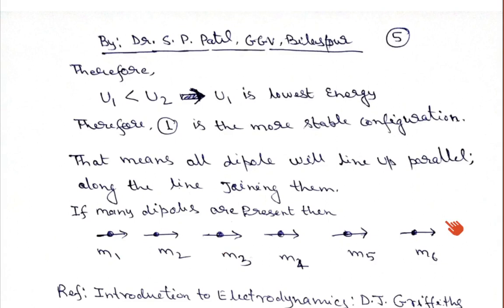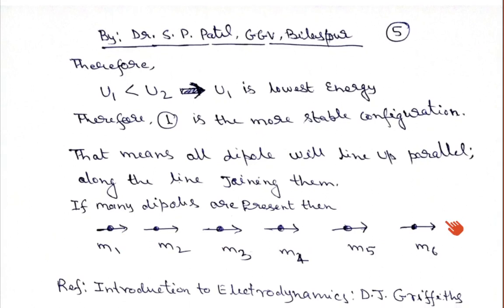So in this lecture we have learned that in a magnetic material, which I have not yet discussed and will cover in coming lectures, maybe after one or two lectures, if a large number of dipoles are there, the interaction energy of the dipoles will be minimum when the dipoles align in the direction of the magnetic field and along the line joining all the dipoles.